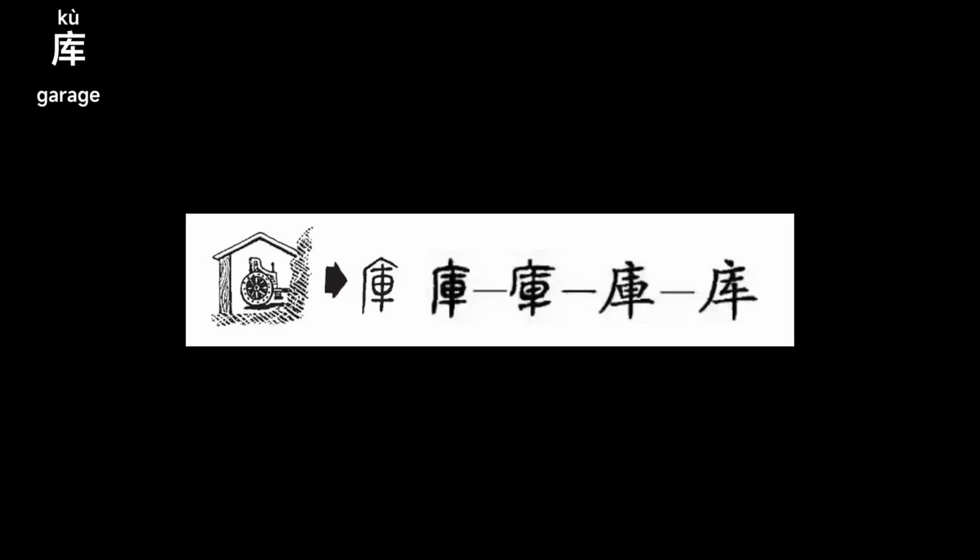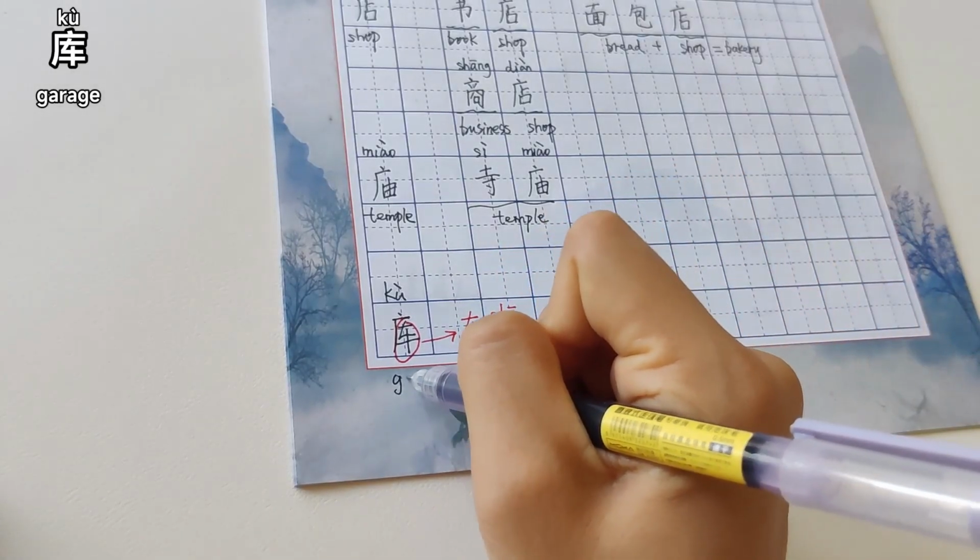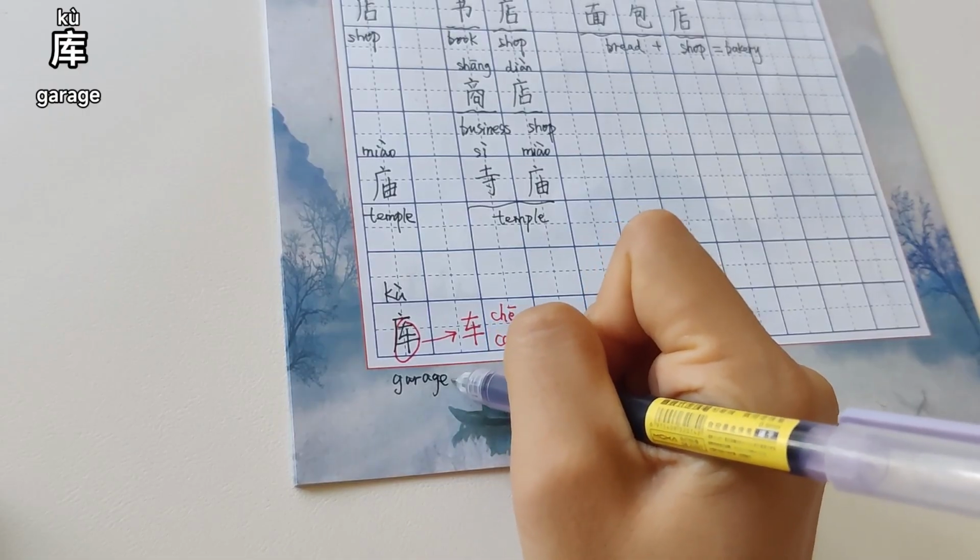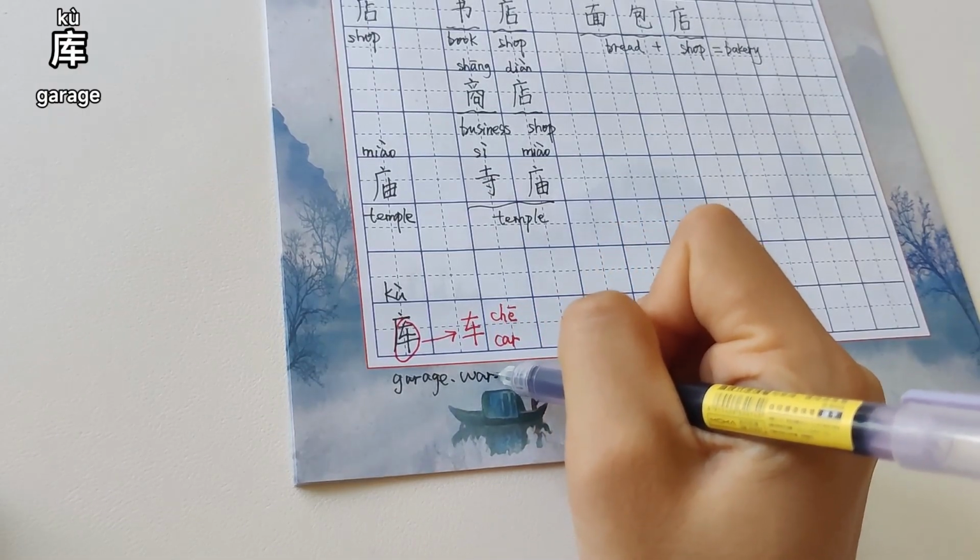Let me show you the evolution of this character. Originally, it refers to the place for storing cars and weapons in the wartime. And after thousands of years of evolution, now the 库 refers to garage and warehouse.